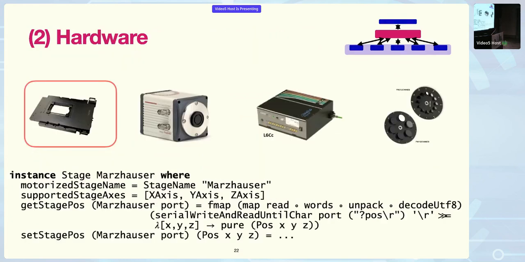So what we also wanted is to be modular in terms of hardware. And I took an example of this motorized stage. So what we do is we use type classes, for instance here for a stage, that we can implement to support a different brand. So for instance, Marthauser is a brand of stage, and we just implement this type class, and it is supported in our DSL.